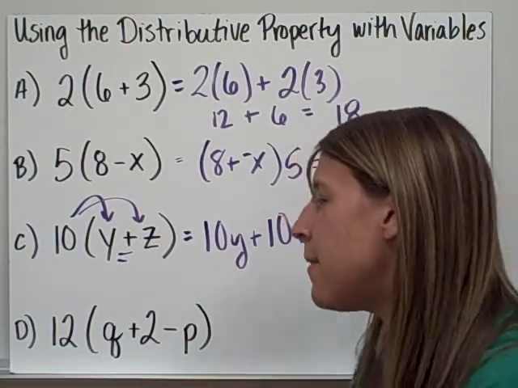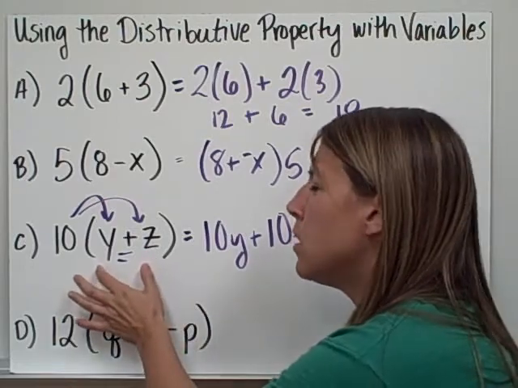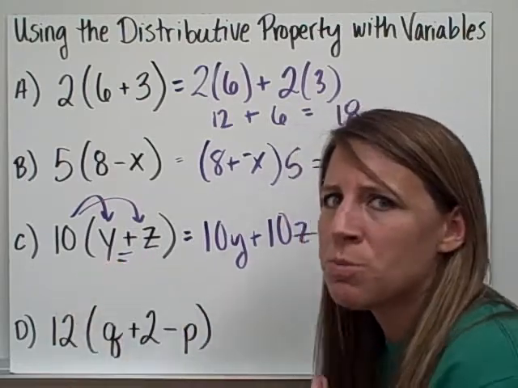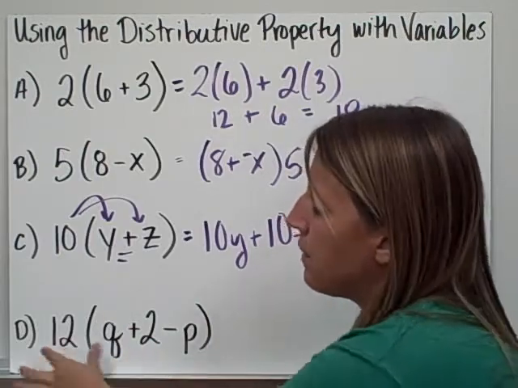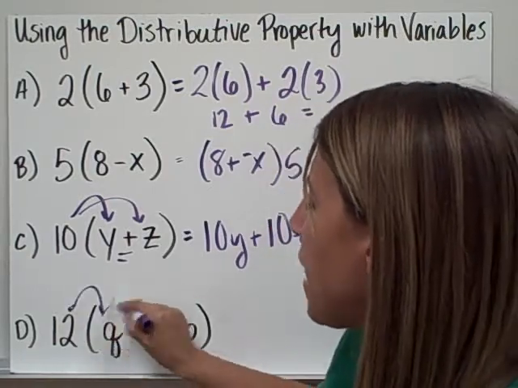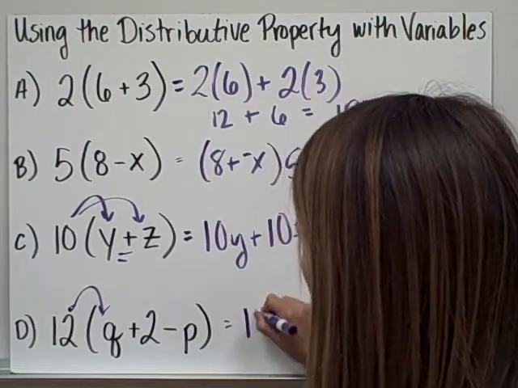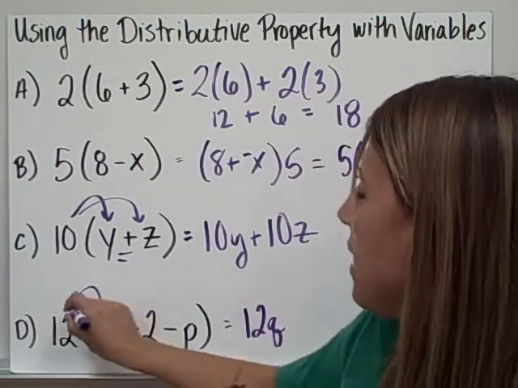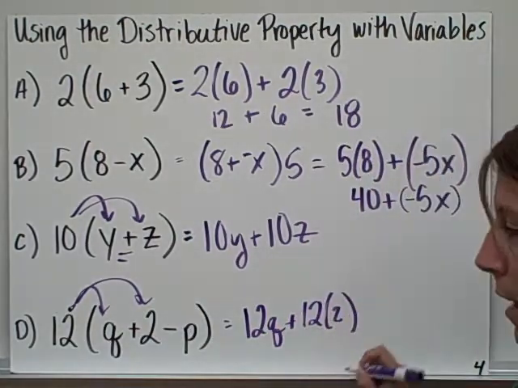And then lastly, if I have an example like d, I can have more than 2 numbers within an expression. I can have multiple numbers. I can have a complete order of operations inside this here, and if this is being multiplied to it, I could use the distributive property. So 12 times q is 12q. And then I can say plus 12 times 2, like so.